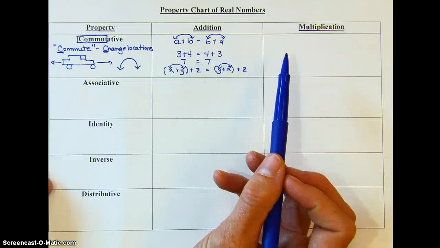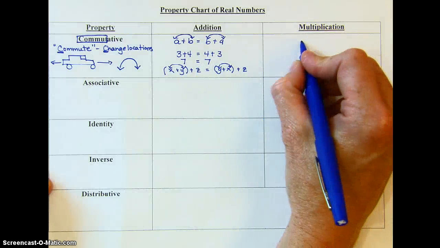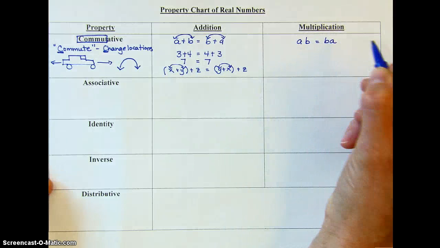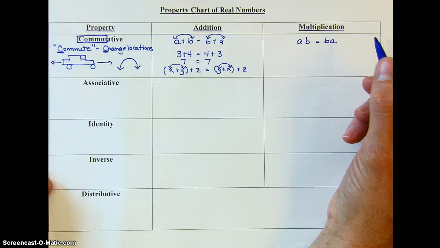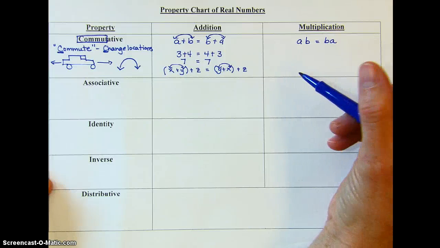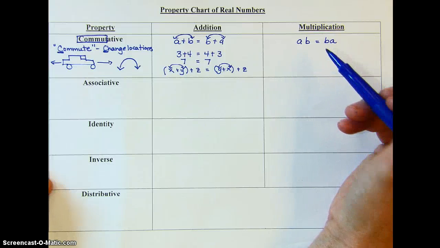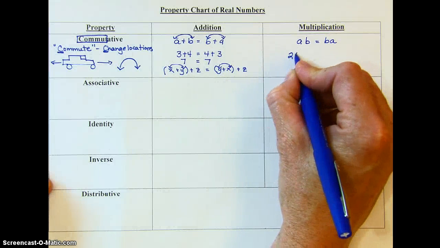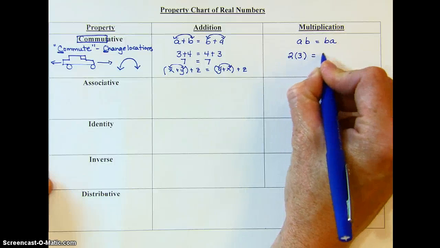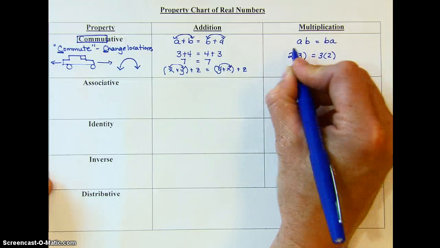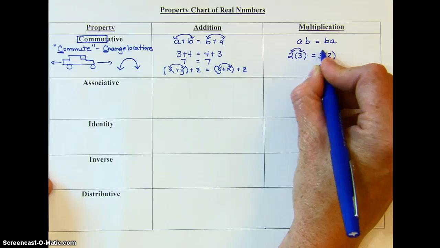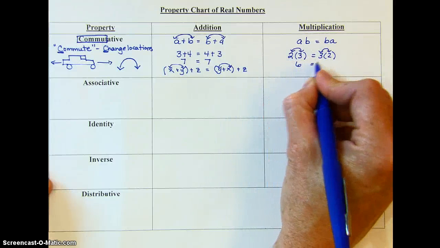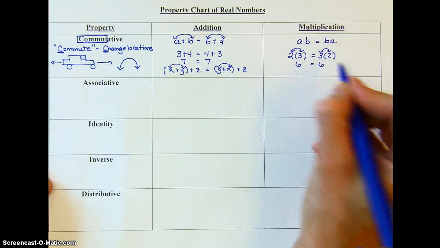Now it acts the same way with multiplication. A times B equals B times A. You have two numbers being multiplied. You can switch the numbers' locations around and it does not change the value. For example, 2 times 3 equals 3 times 2. The numbers changed locations, but 2 times 3 is 6 and 3 times 2 is 6.